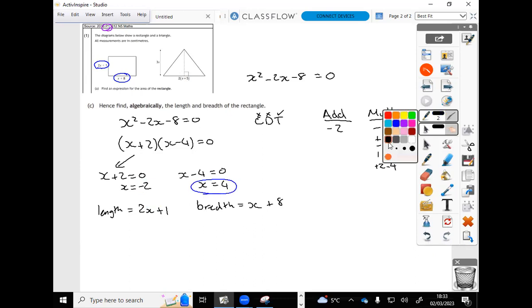So x equals 4, and I substitute that in. I've got 2 times 4 plus 1, 9. And I've got 4 plus 8 equals 12. Okay, so have a wee look at that, make sure you're comfortable with it.